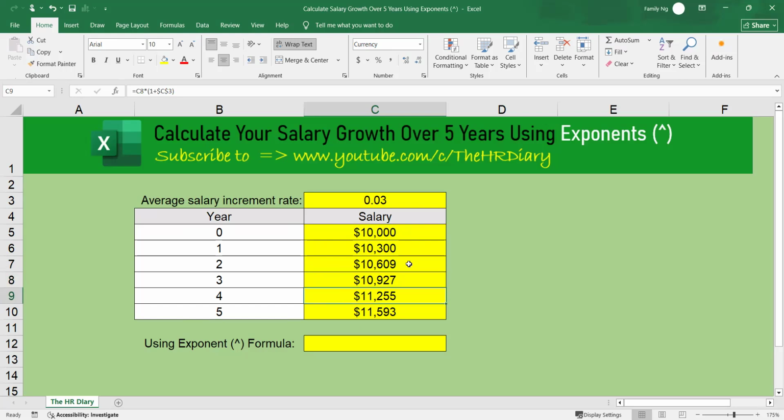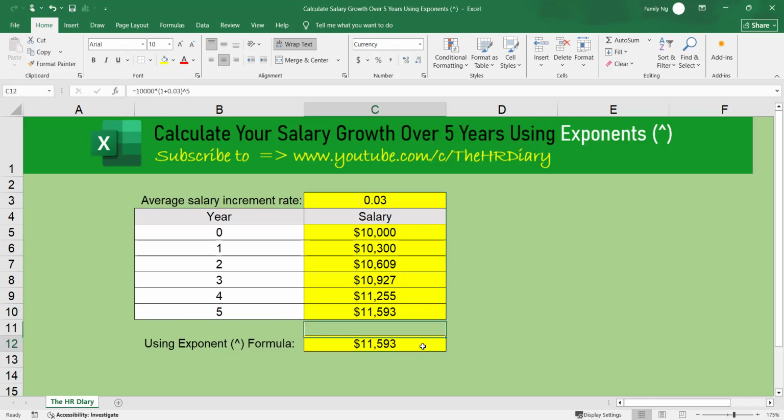Instead of calculating this year by year, all right, you can do it by using one formula, by entering equals 10,000 multiplied by open parenthesis 1 plus 0.03 close parenthesis and exponential 5.